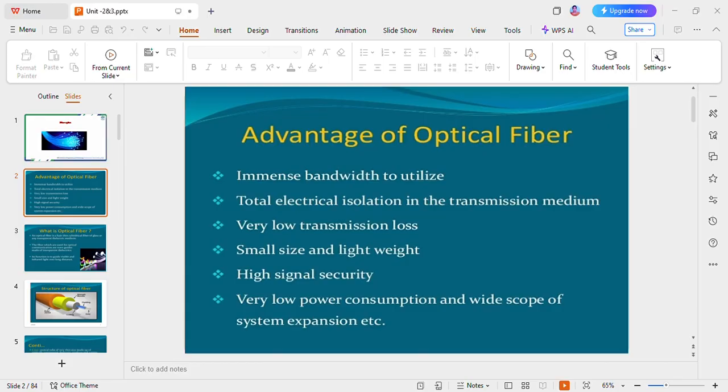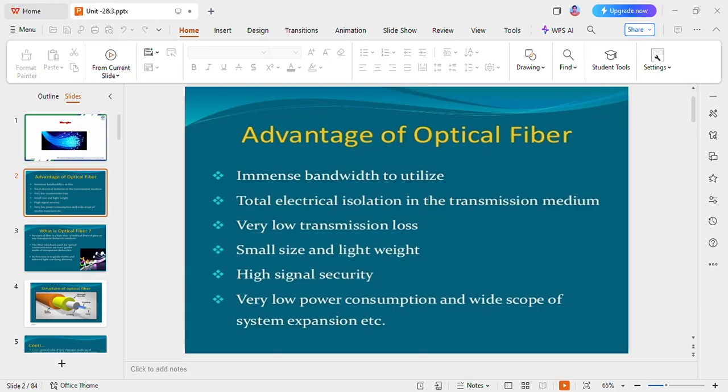When phi1 is less than phi2, the light is refracted into the cladding and air medium. When the angle of refraction is 90 degrees, the ray propagates along the interface.